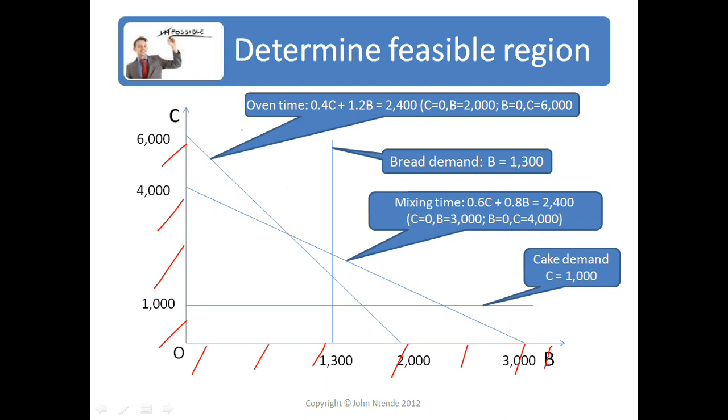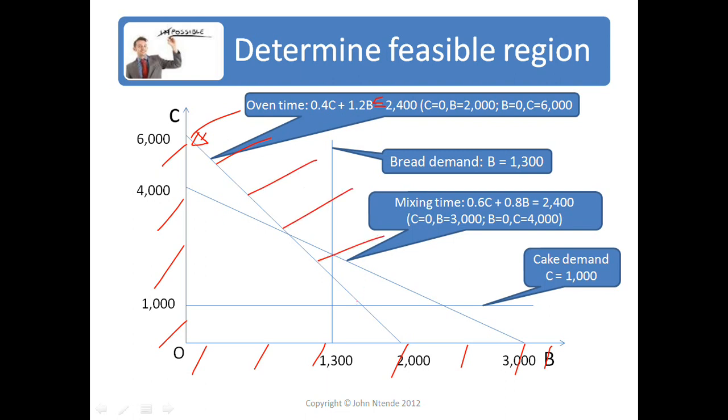Now let's go to oven time. Oven time, this is the line over here. We're told oven time 0.4C plus 1.2B should be less than or equal to 2400. So we're not interested in anything which is greater than or equal to. And this side on the right represents the greater than side.